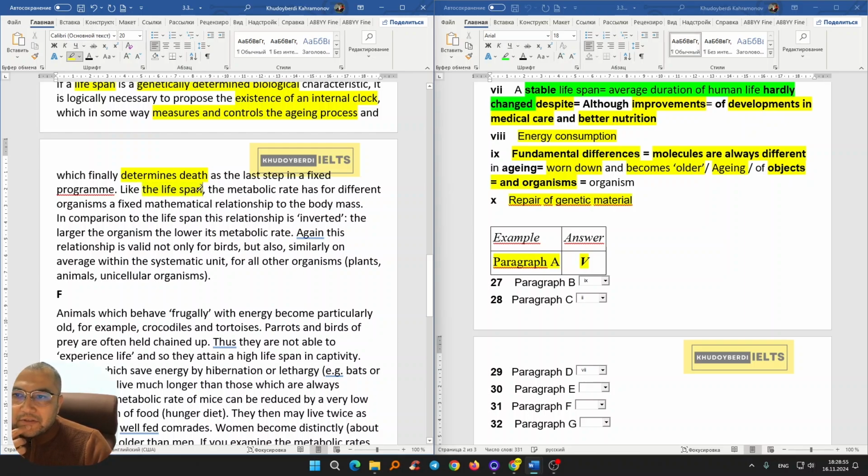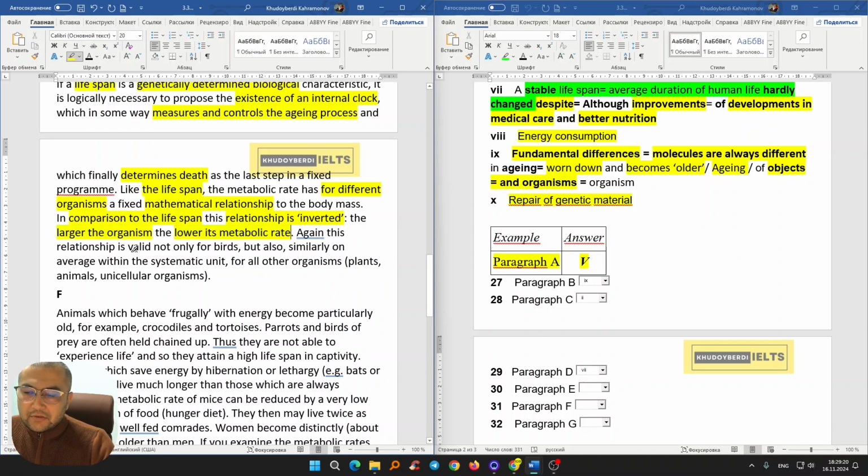Like the lifespan, the metabolic rate has for different organisms a fixed mathematical relationship to the body mass. In comparison to the lifespan, this relationship is inverted. So the larger the organism, the lower its metabolic rate.